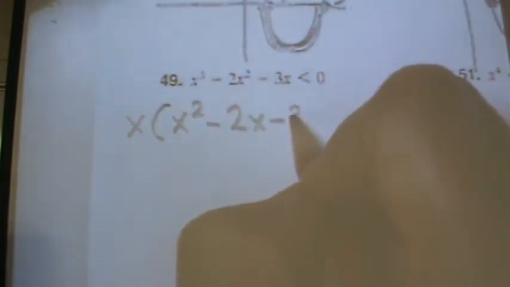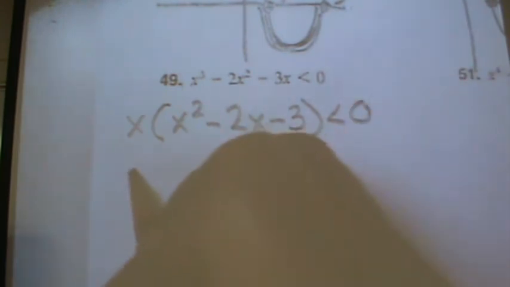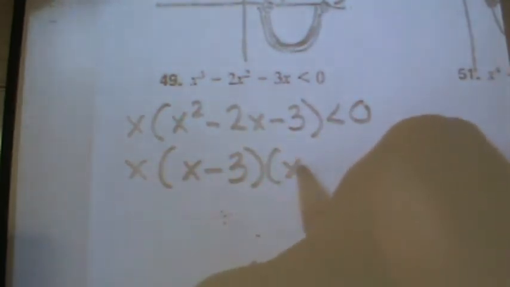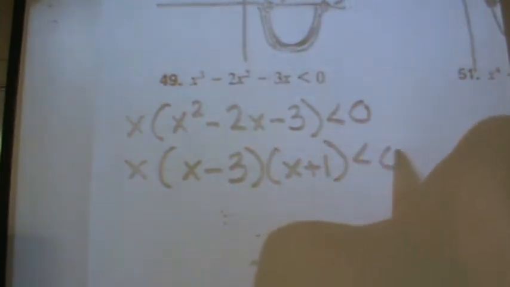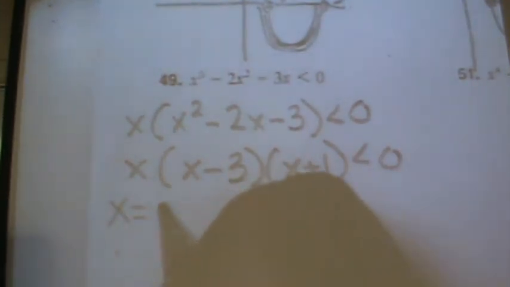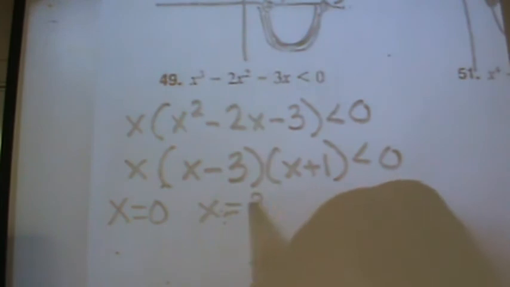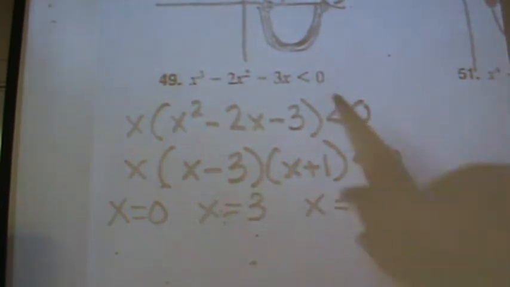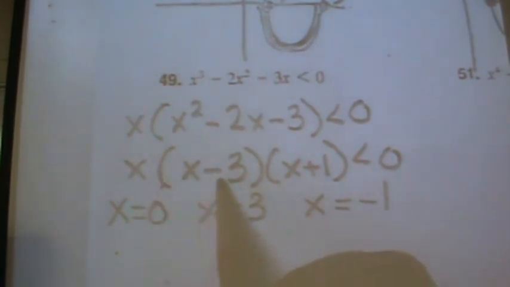Okay, number 49. You could factor an x out of here. This is factorable. And then you could factor this to find out the zeros are 0, 3, and negative 1.